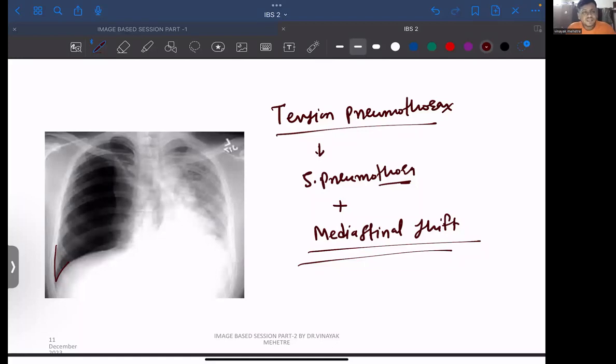Definitive management is always going to be ICD insertion. So whenever they are asking what is the management of this patient, remember ICD. What is the immediate management? Then only you will mark puncture. वरना क्वेश्चन रॉन्ग है, आंसर रॉन्ग है.